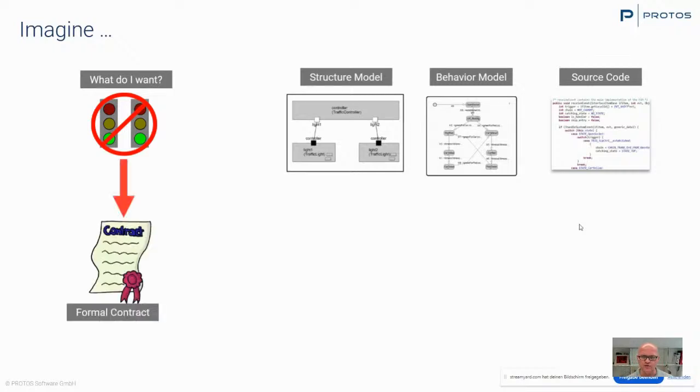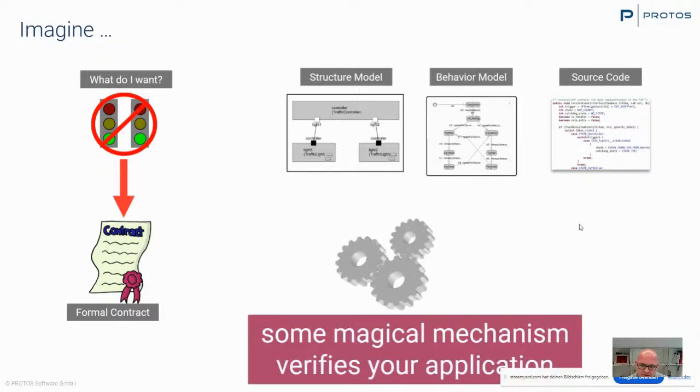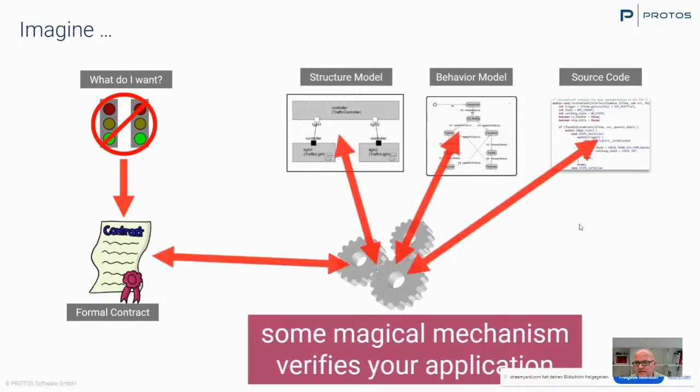And imagine you can formulate a contract that describes exactly what you want in a more formal way than just a textual notation, and some magical mechanism that verifies whether your application implements the contract correctly. This would be a very nice thing to have. So not a text and a test case that tries to match the text to the code, but really something formal you could verify automatically.